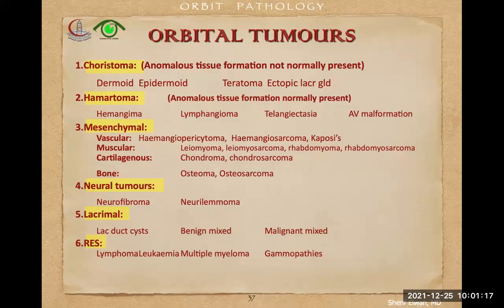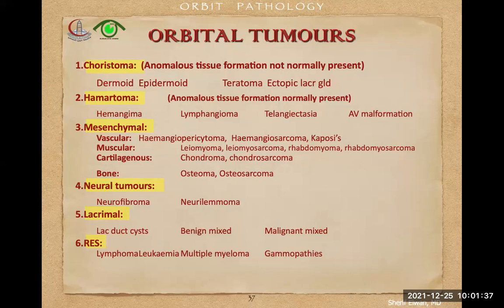Now, neural tumors, because the neural tissue is a very specific embryological type of tissues, that is the neuroectoderm that was derived from the ectoderm, but it's not ectoderm, it's a neural ectoderm, like neurofibroma and neurolymphoma.